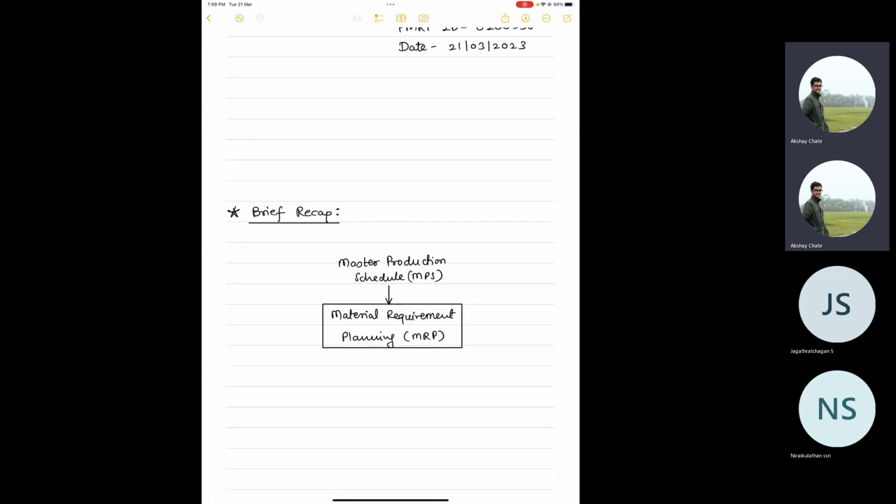Then there is inventory, and one more component to it is bill of material, usually called BOM.